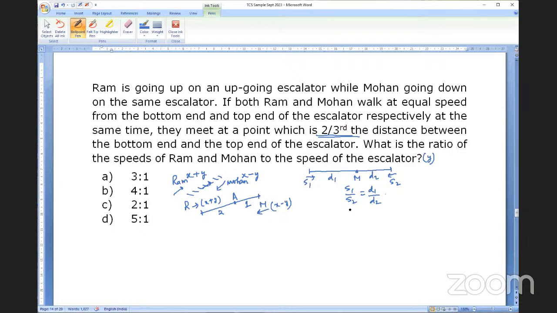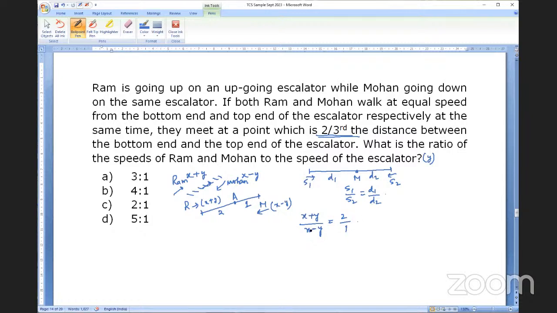So S1 by S2 is equal to D1 by D2, as both have started at the same time and they are meeting at point A. That means (x plus y) upon (x minus y) equals 2 by 1. Now, since this is in proportion format, we can use componendo dividendo.